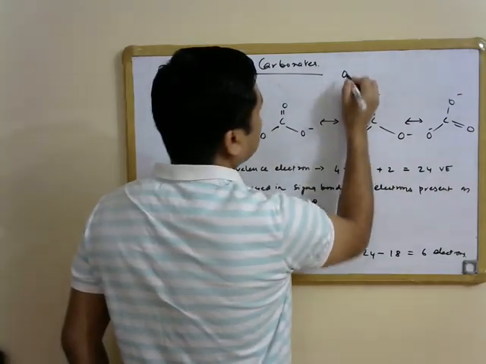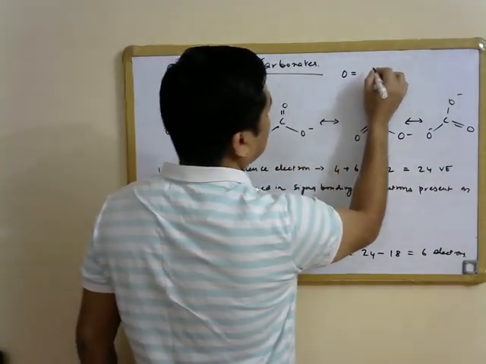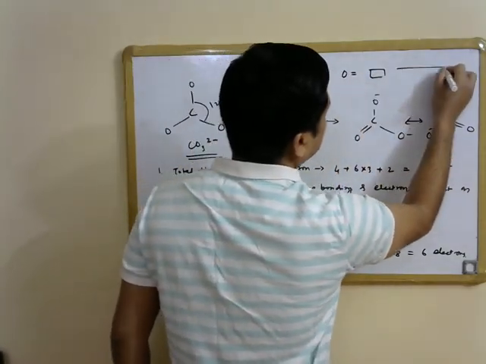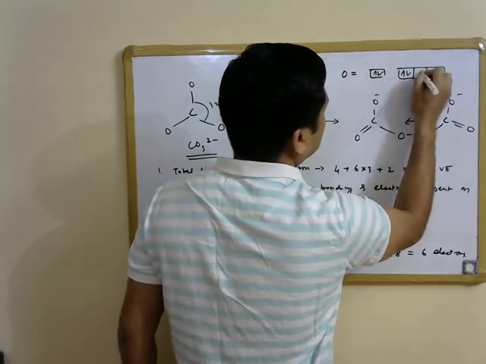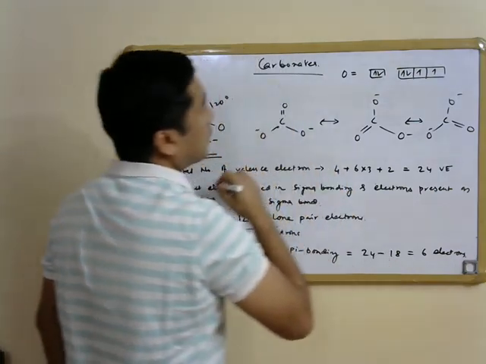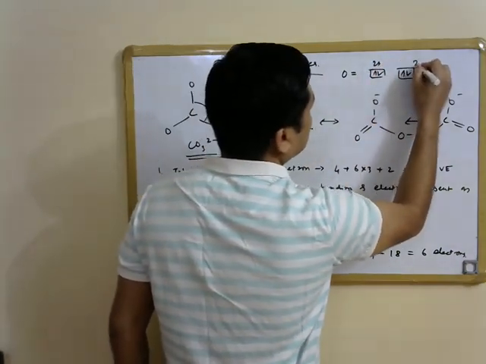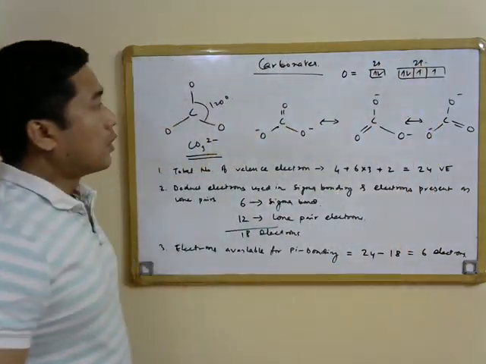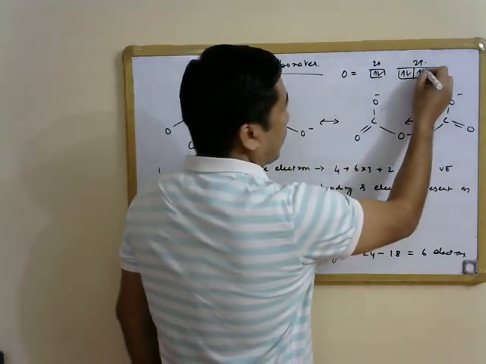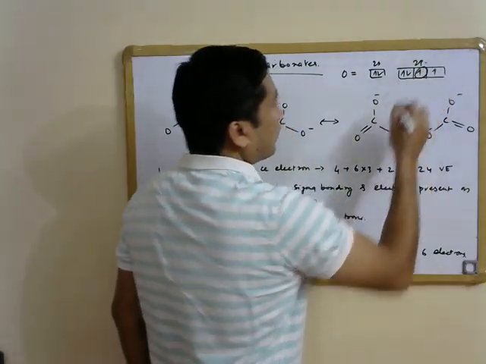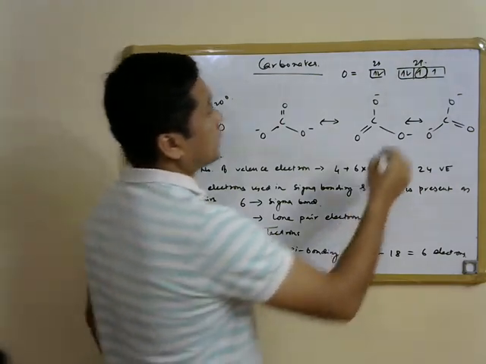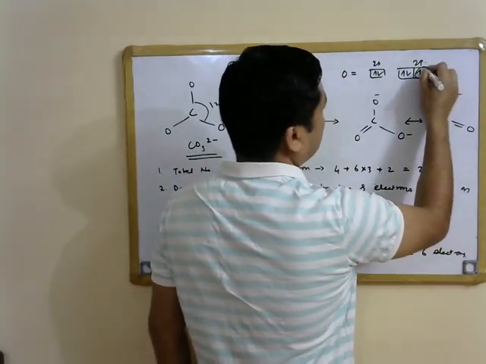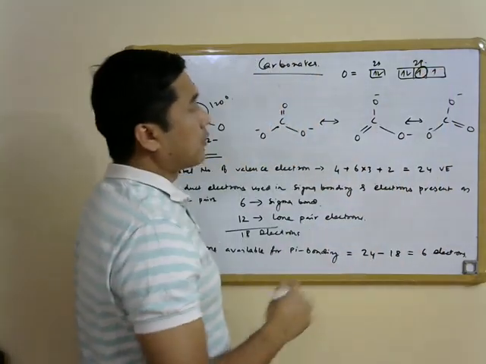If we look at the electronic configuration of oxygen, again oxygen also uses one electron for sigma bonding.